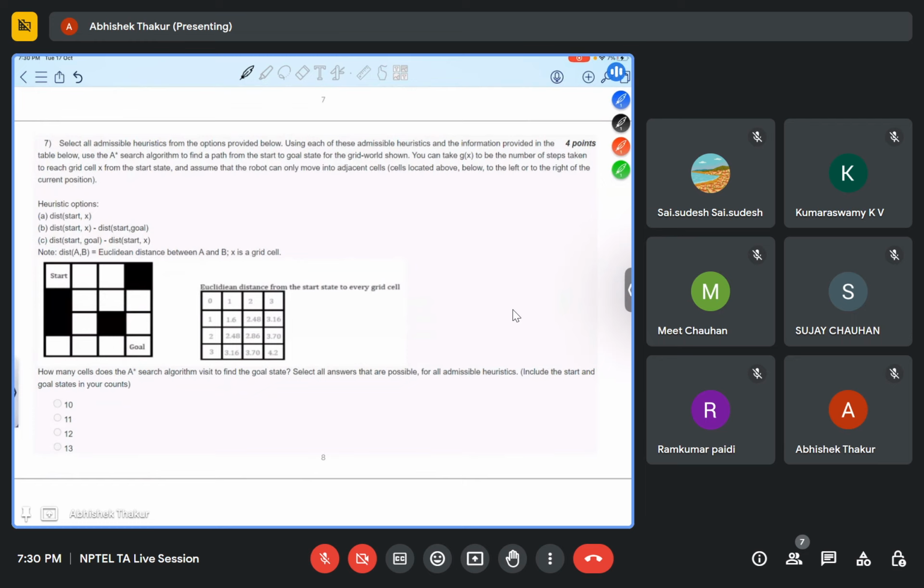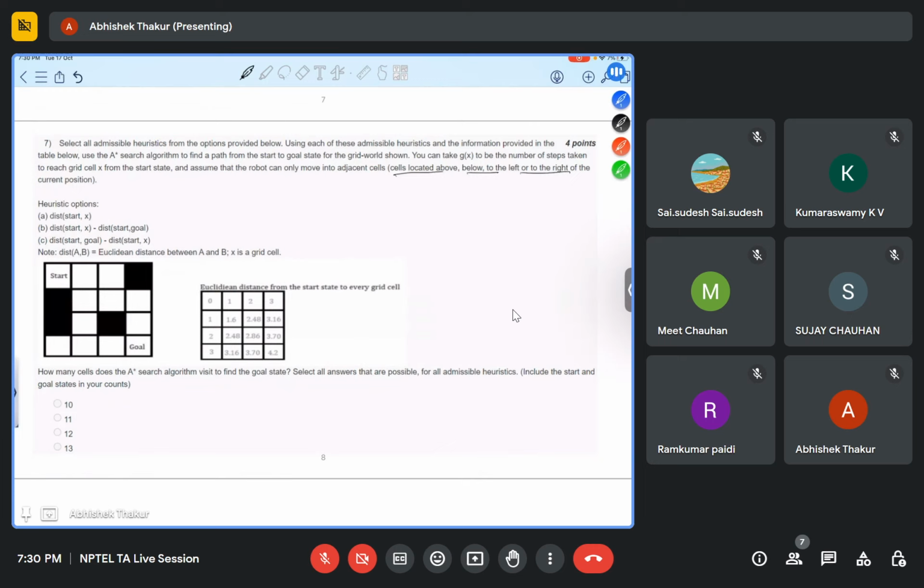And assume that the robot can only move into adjacent cells, like to the left or right. So you can move only in the adjacent cells, located above, below, or to the left or the right of the current position.